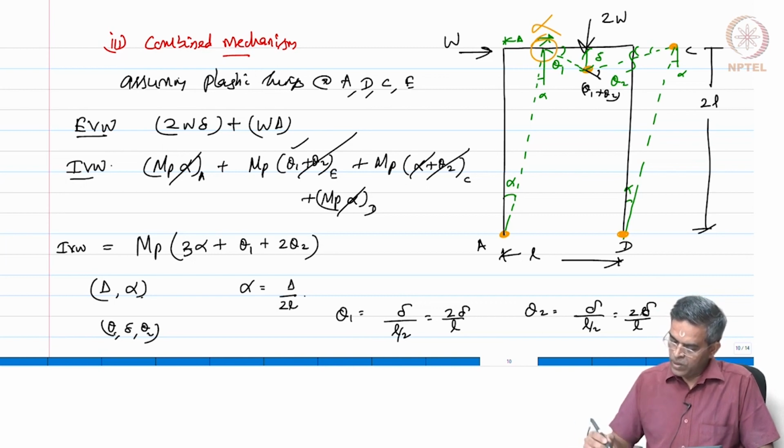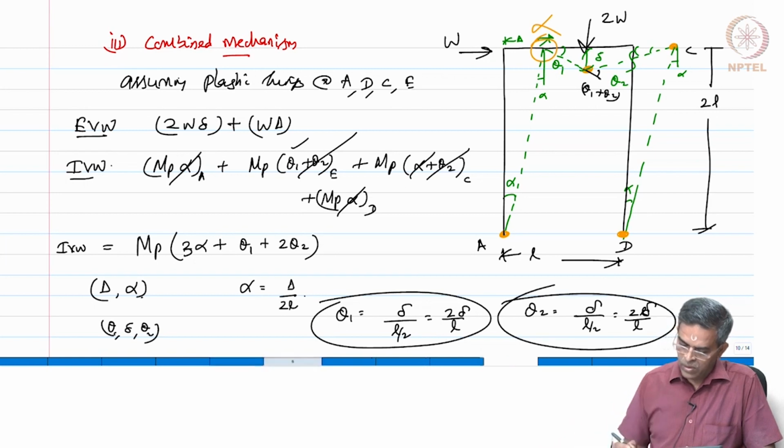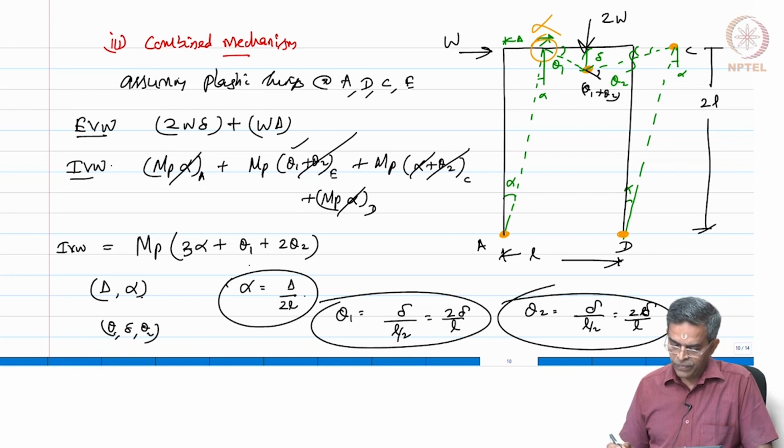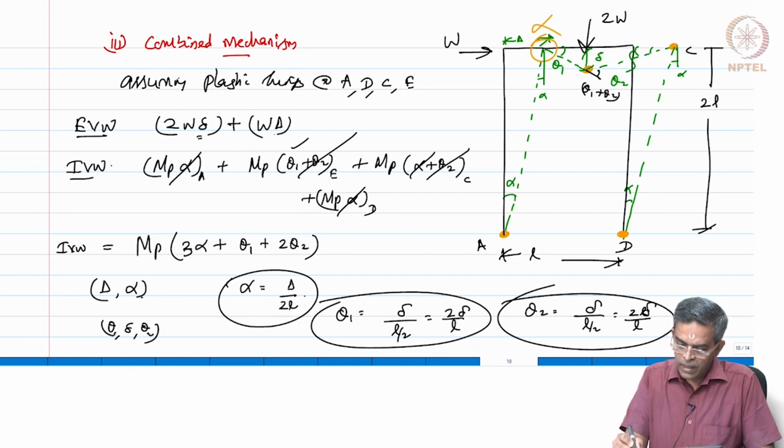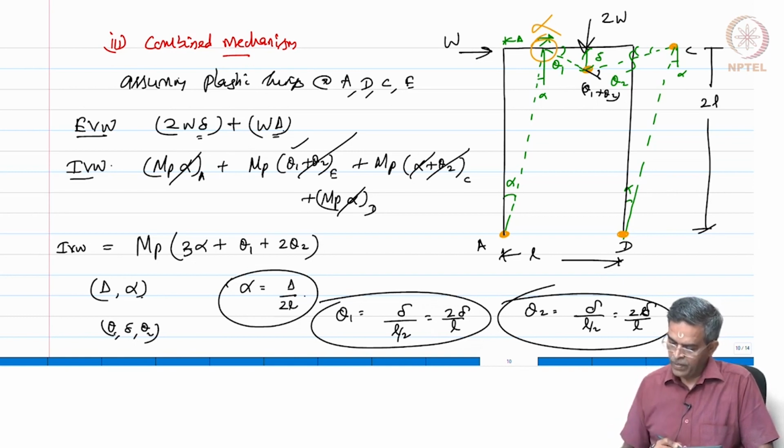So, we have theta 1, we have theta 2 and we have alpha, del and delta. So, we have equations in terms of del and delta. Okay. So, we now will replace this. So, let us do that.